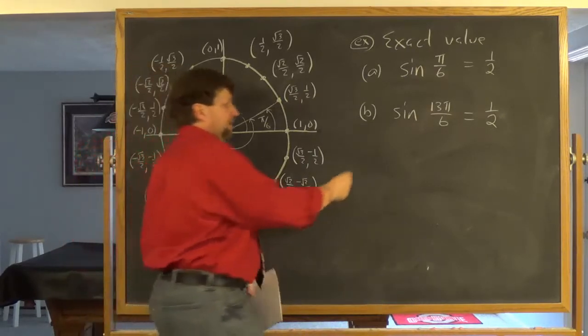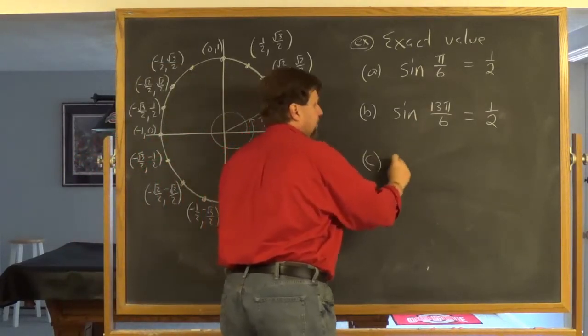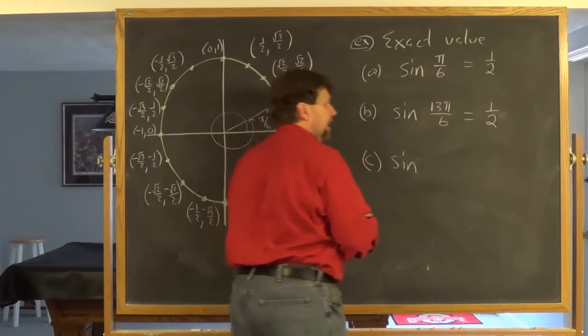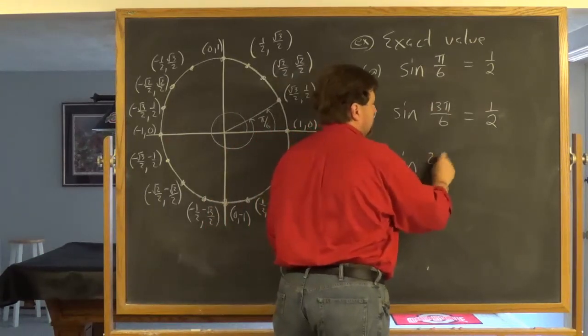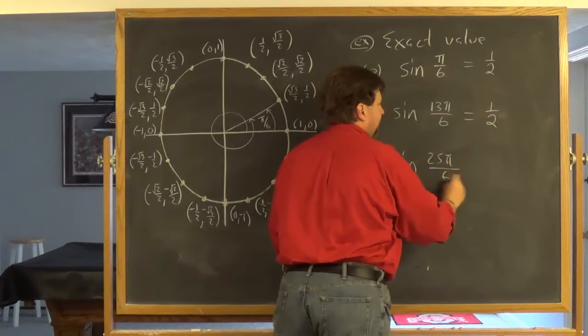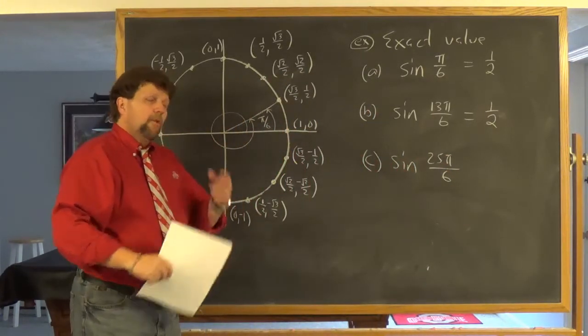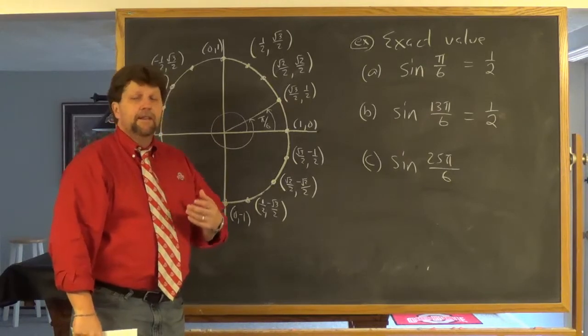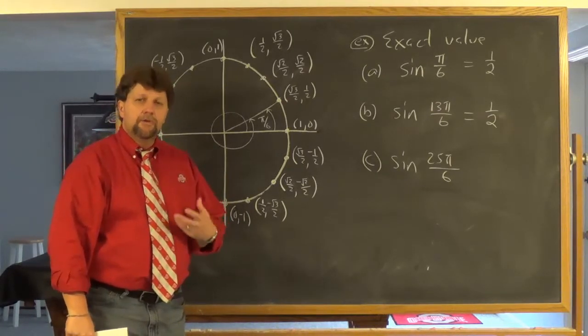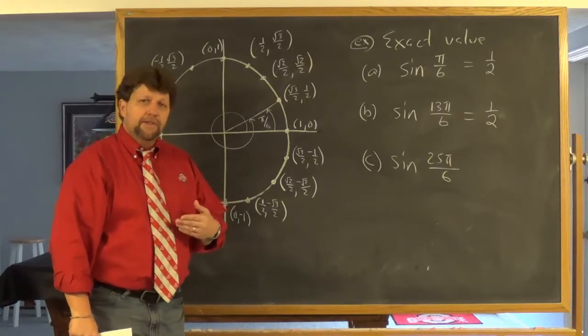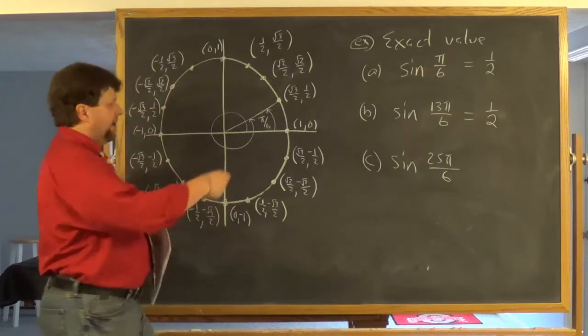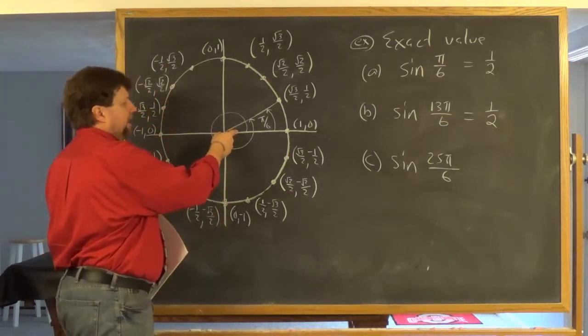I could continue this and ask, what's the sine of 25 pi over 6? Well, 25 pi over 6 is an angle that is also coterminal with pi over 6. I'm not going to sketch it up here, but I'll show you what it would look like.